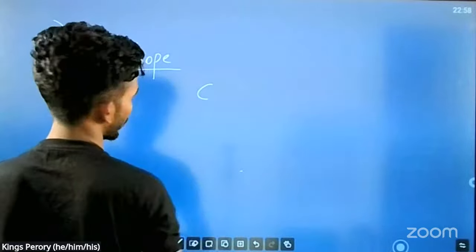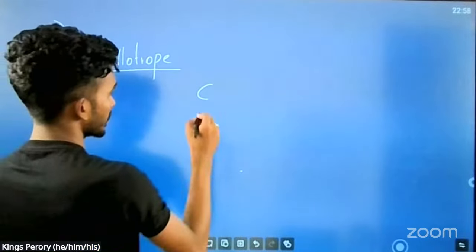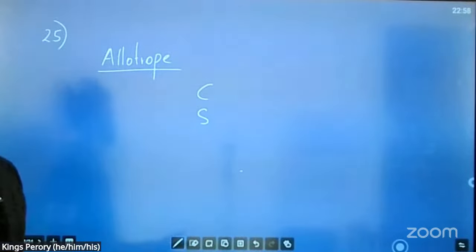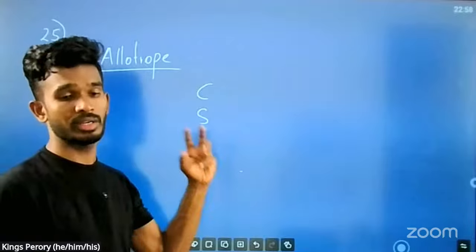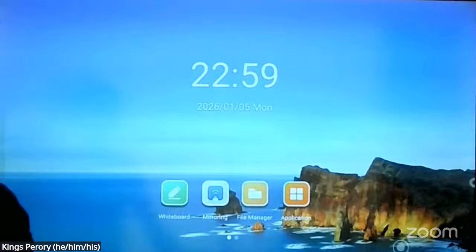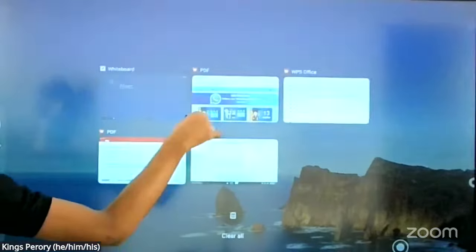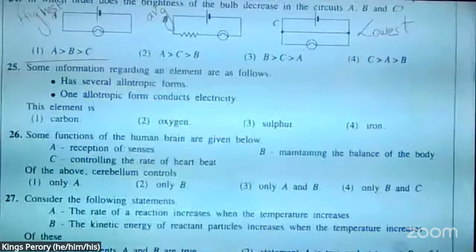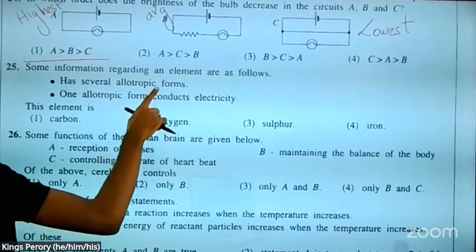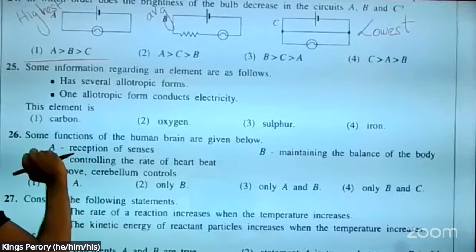One is carbon, that should come first. The other is sulfur. So they are telling us it has allotropes, either carbon or sulfur.